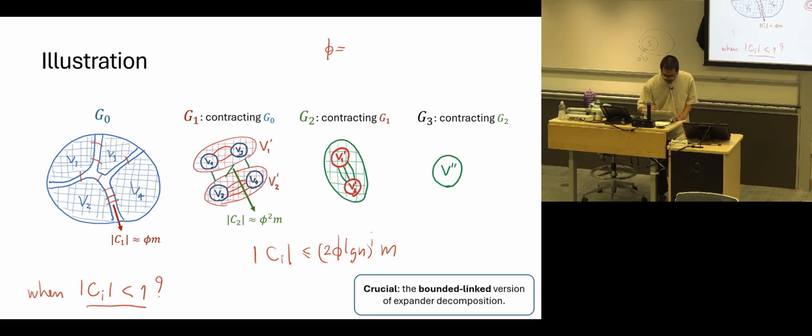Phi looks like log n to the square root log n.